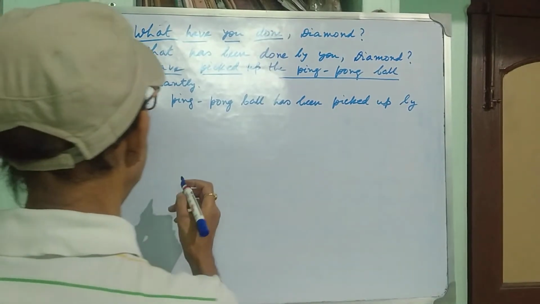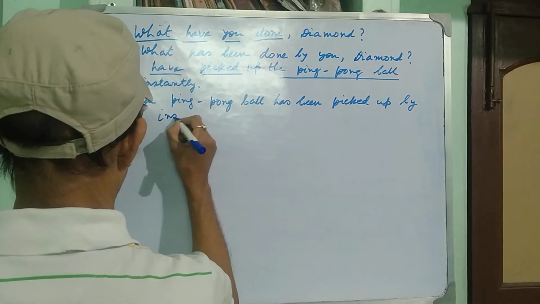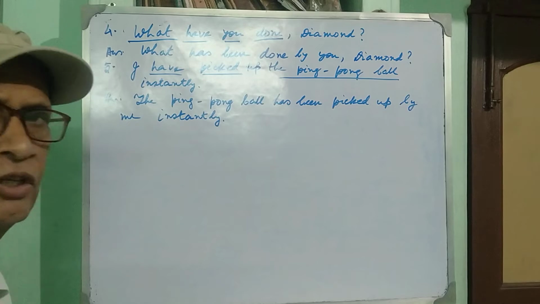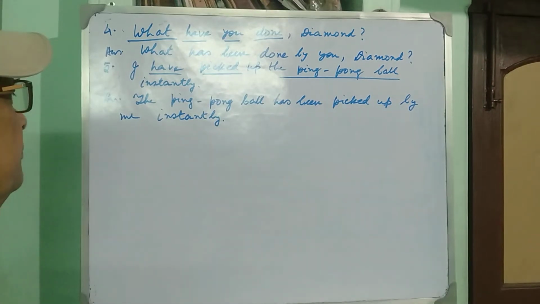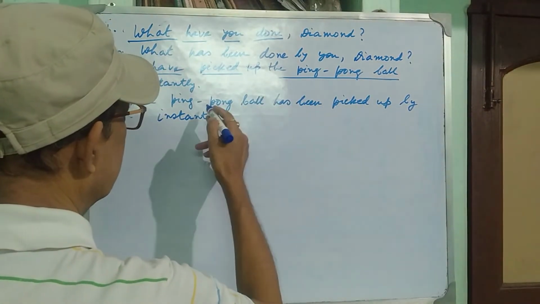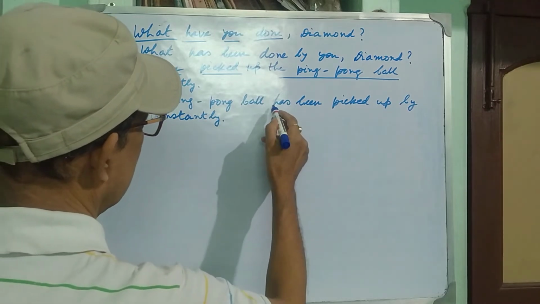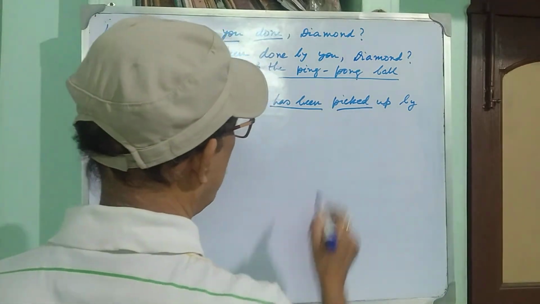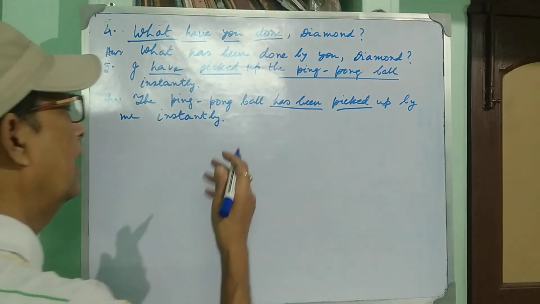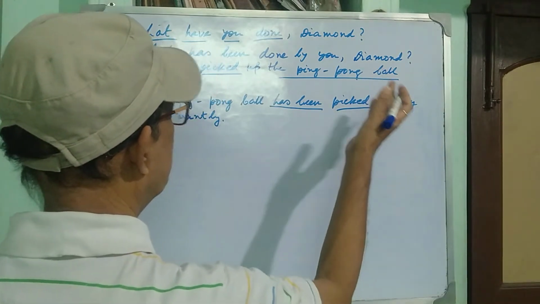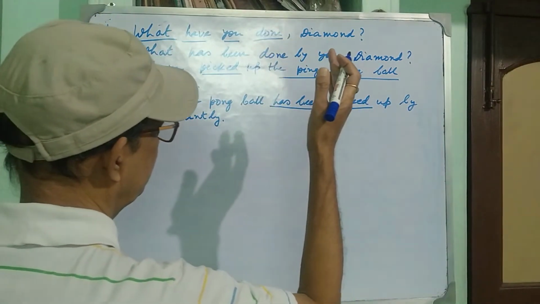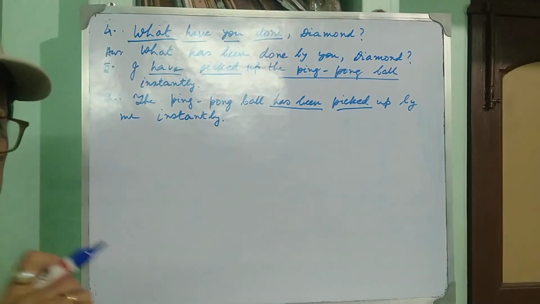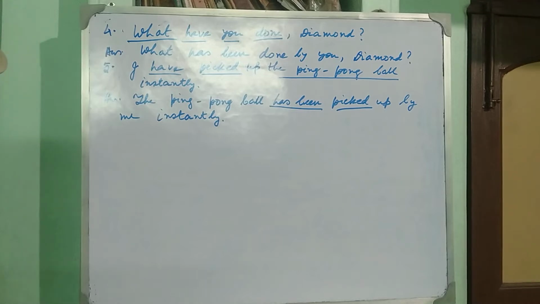Clear? By me instantly. So in the passive voice, the object becomes the subject, and according to the subject you will have to use has been or have been, and the past participle form of the verb, and the subject becomes the object of the preposition by.